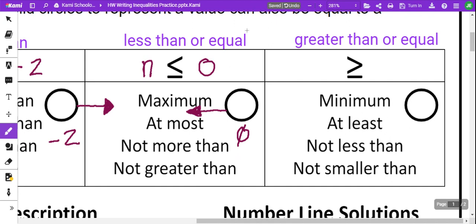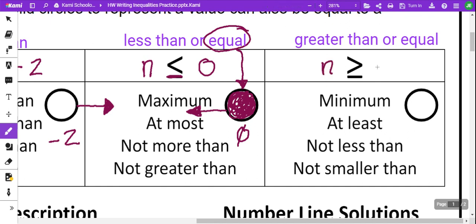The only difference is when we see this line down below, if it's equal to, we actually shade this circle. We shade the circle or close it. If it's not equal to, then we leave it open or unshaded.